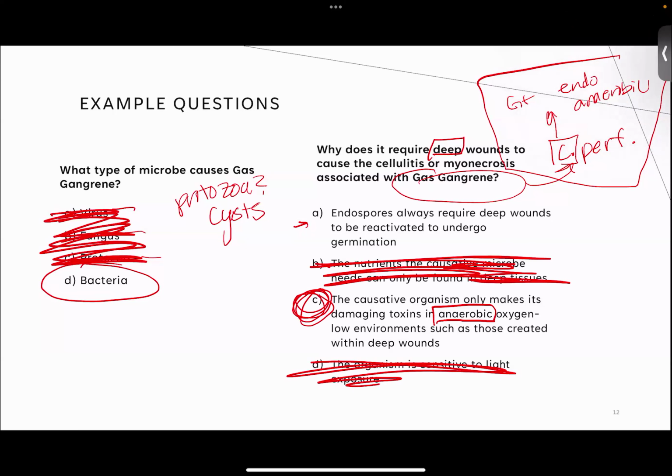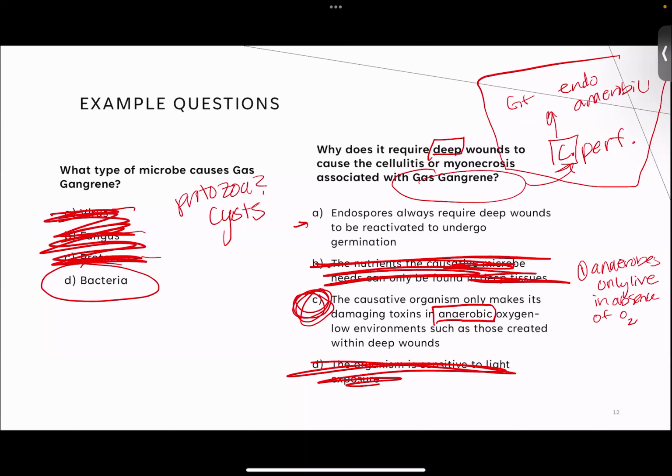And if you are an anaerobe, number one, anaerobes are only going to live in the absence of oxygen. They're not equipped to deal with it. So they can't make toxins if they're not alive. So there's that part of it.